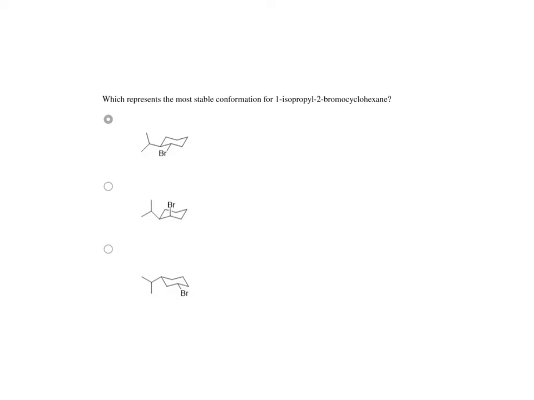Okay, so this question: which represents the most stable conformation for 1-isopropyl-2-bromocyclohexane? So what you want to do is draw your chair conformation. And we can make this carbon 1, and I'm going to make sure that this is equatorial.